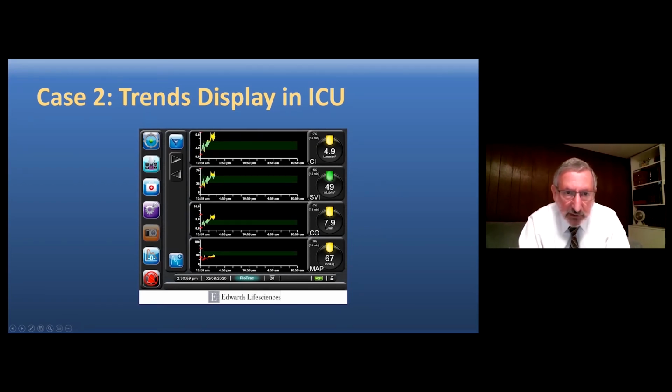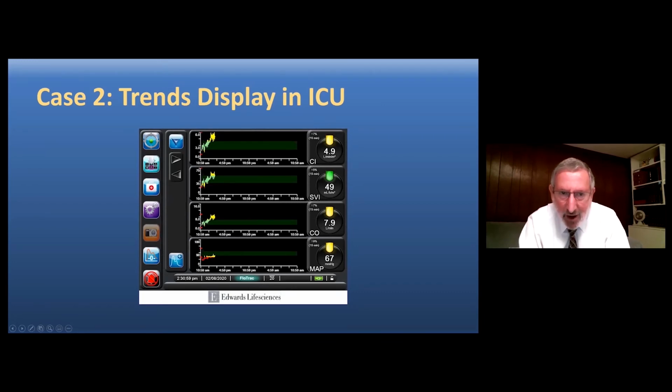We got a good MAP, but the SVI is rising as that fluid is being given, and it's a response to fluid that is fluid responsive. When you see a curve going up like this, as fluid is being administered, SVI is climbing, CI is climbing, the patient likes the fluid. But wait a minute. The MAP was okay.